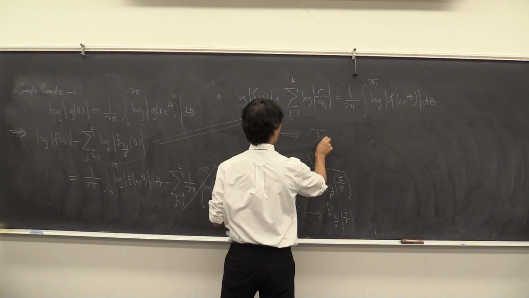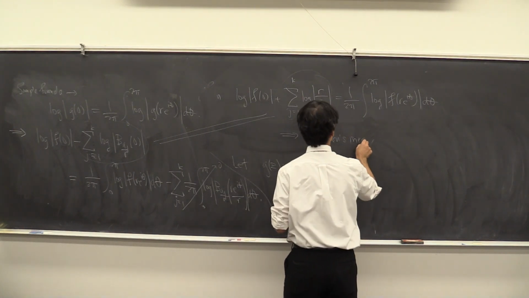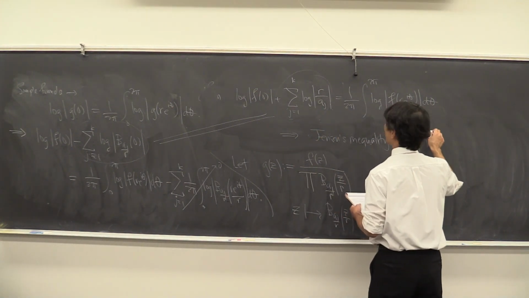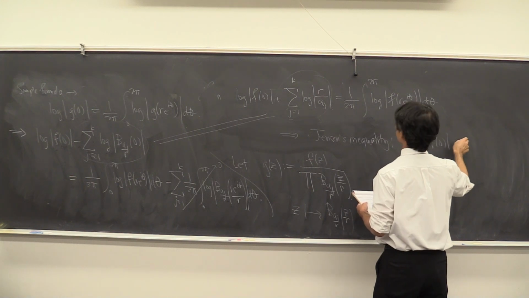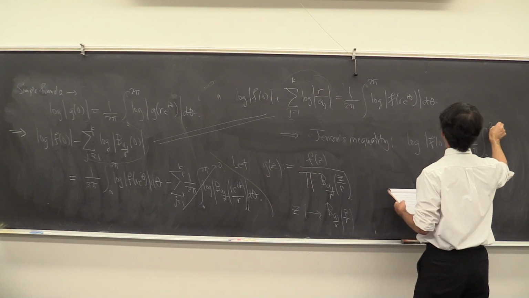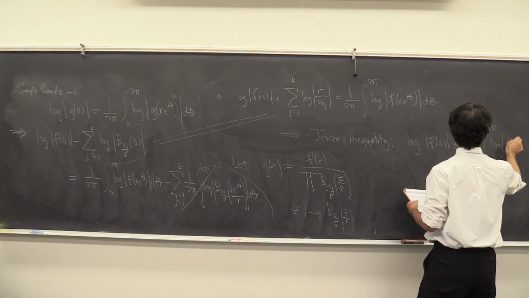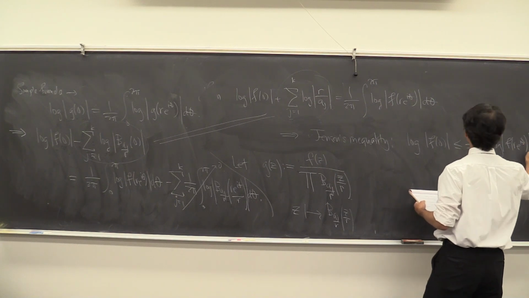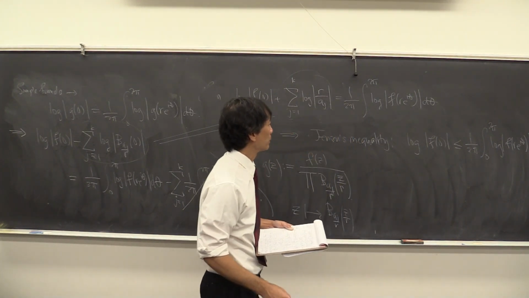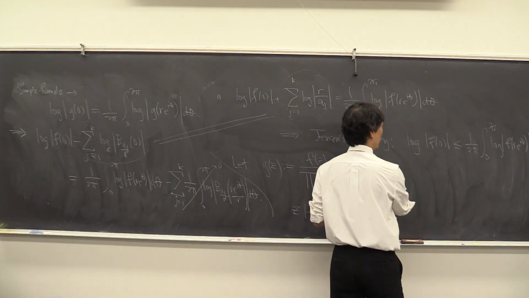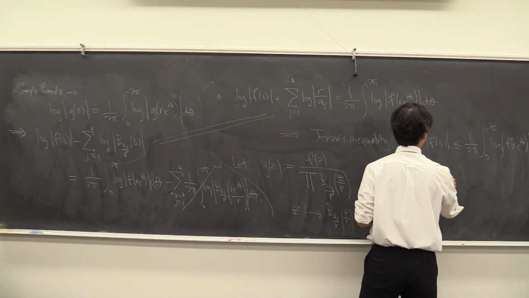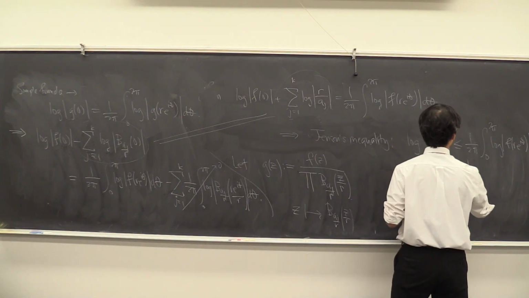Jensen's inequality says that the log of the absolute value of f of 0 is dominated by the right hand side here, by this term. Or, if you like, same thing, this is smaller than e to this thing.